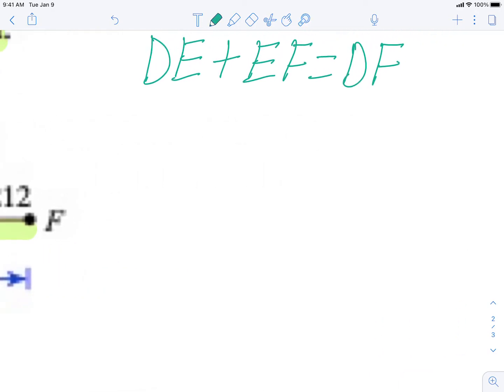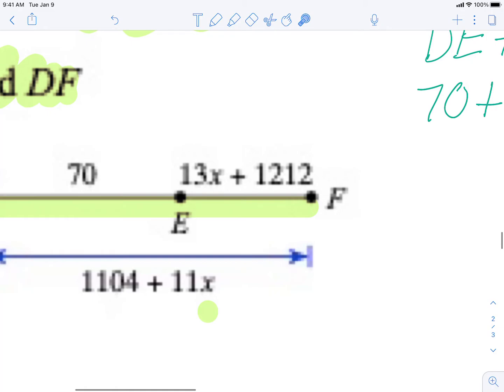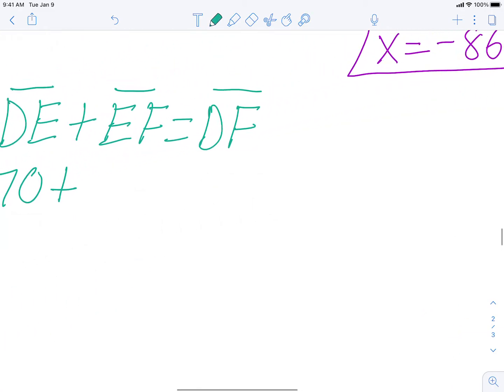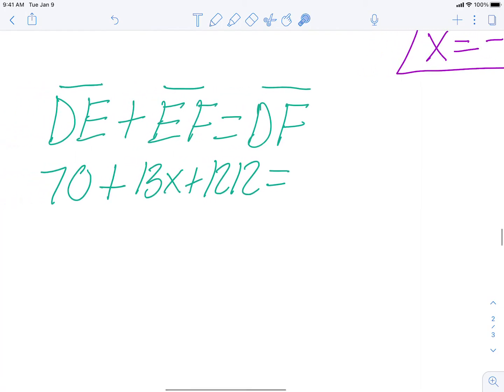So 70 plus EF, from E to F, 13x plus 12, 13x plus 12, is equal to DF.